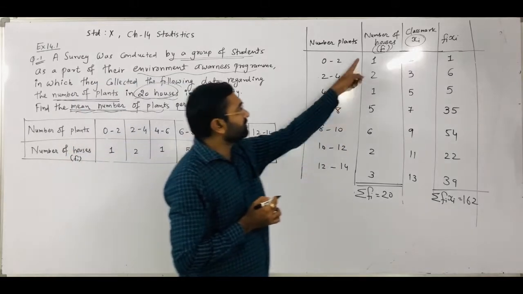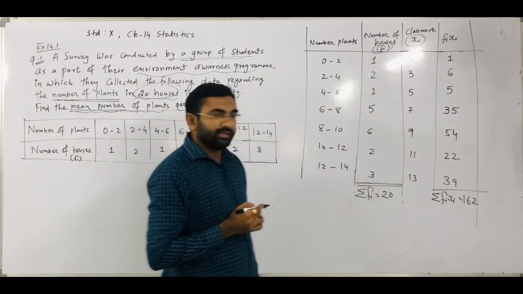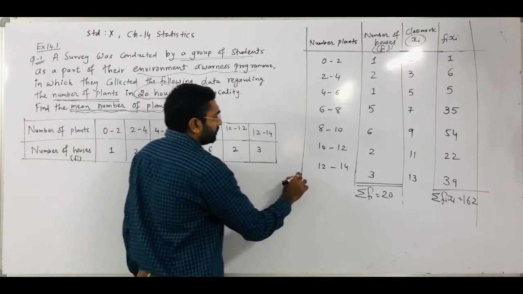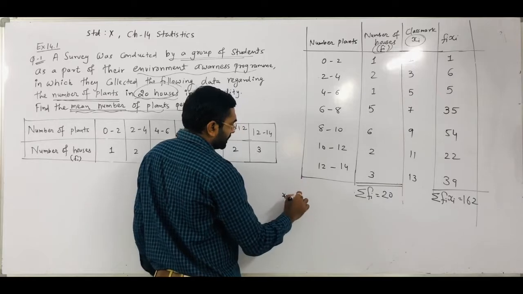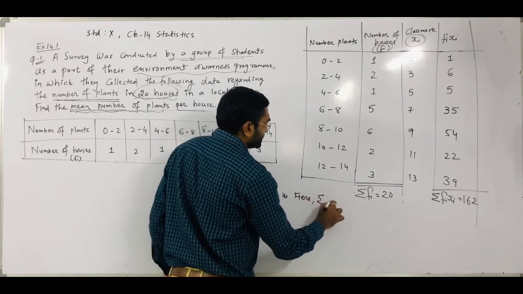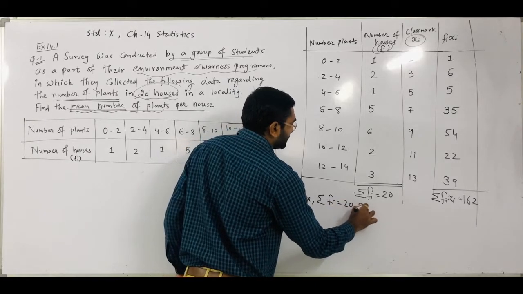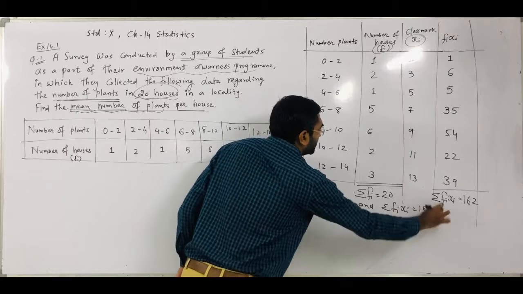So the summation of all frequencies, or the total number of houses, is 20. Now for finding the mean, whatever values we get, we write here: sigma Fi is equal to 20 and sigma Fi Xi is equal to 162.